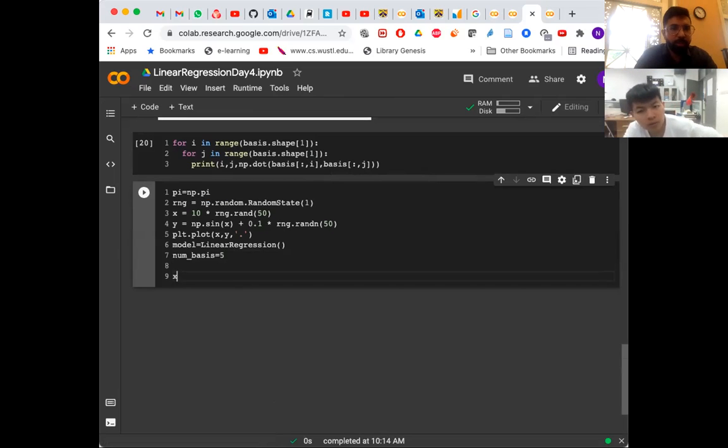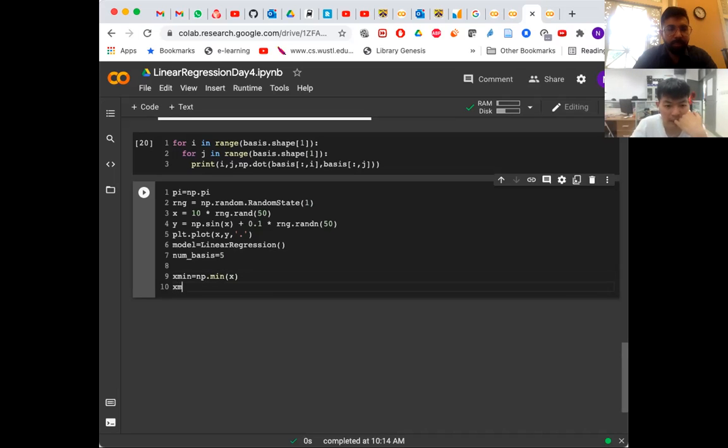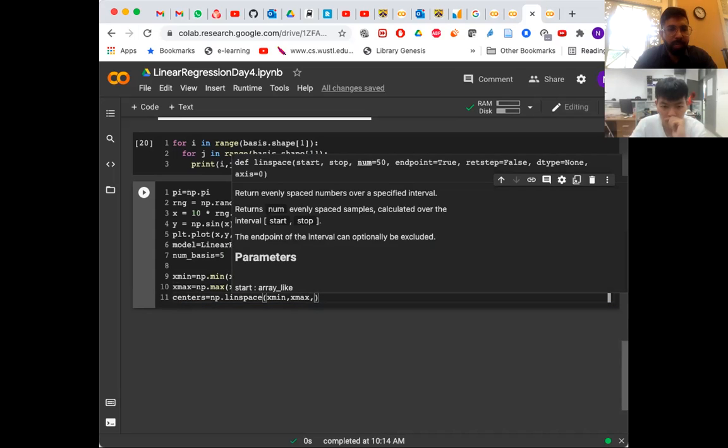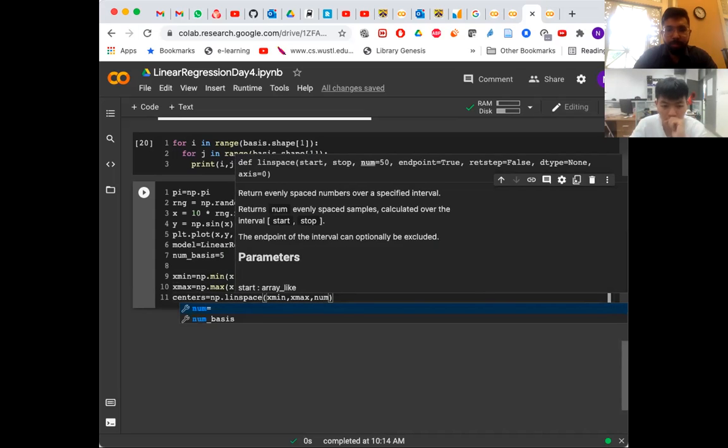So what I need to do is find x min. x min is np.min of x, and x max is np.max of x. So centers would be np.linspace of x min, x max, and basis.